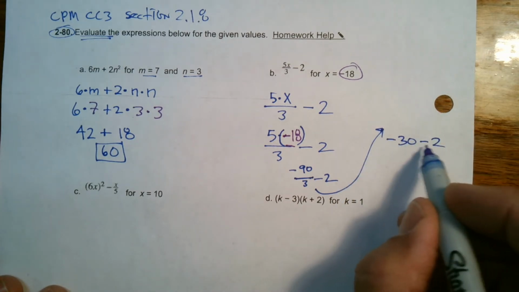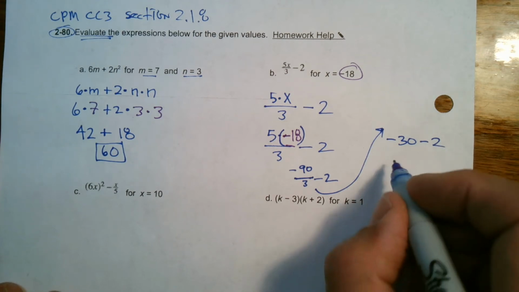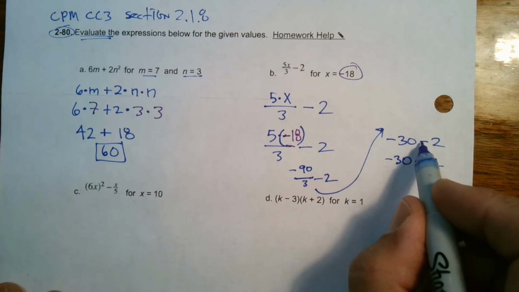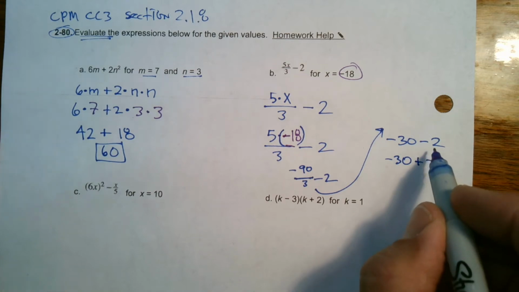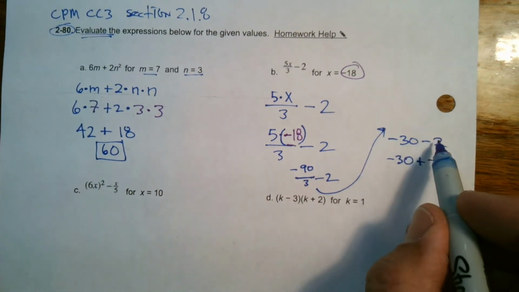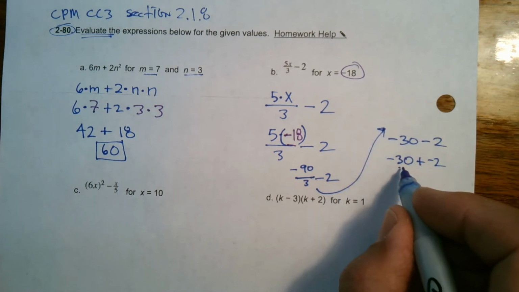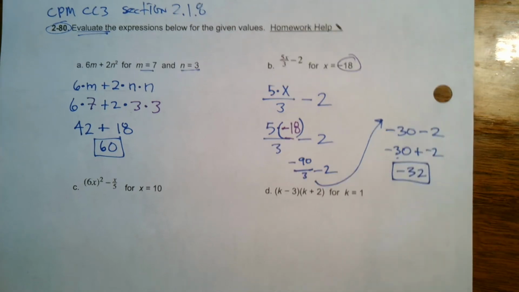When you're subtracting 2 from a negative number, it's the same thing as adding a negative. When you have a minus, it's add the opposite. You're really taking that negative number and going further down the number line. So that's why it's negative 30 plus negative 2, which is negative 32. So that's my answer for that one.